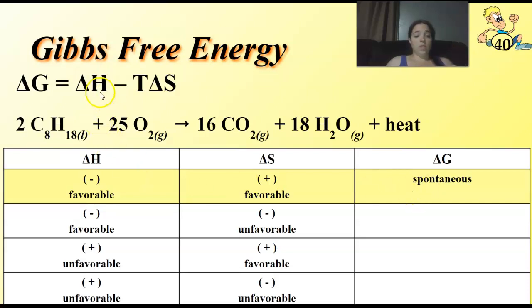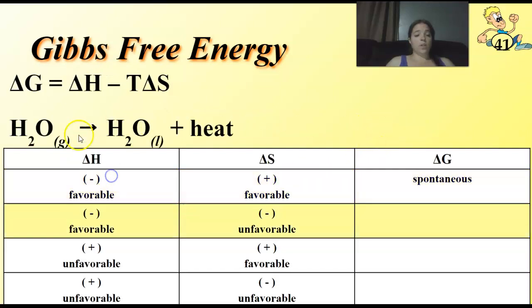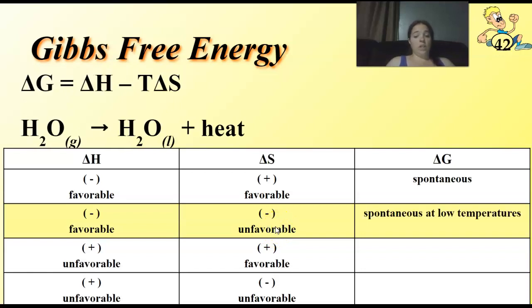So it's delta H, a negative, minus temperature times a positive for this one. So let's look at the next one. I got a negative delta H, gas to a liquid. It's negative. It's not favorable. It's not spontaneous at low temps.